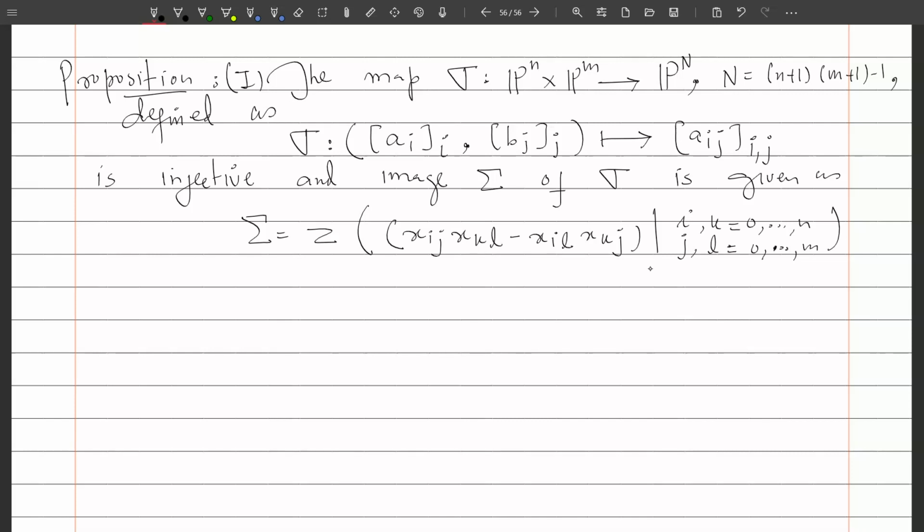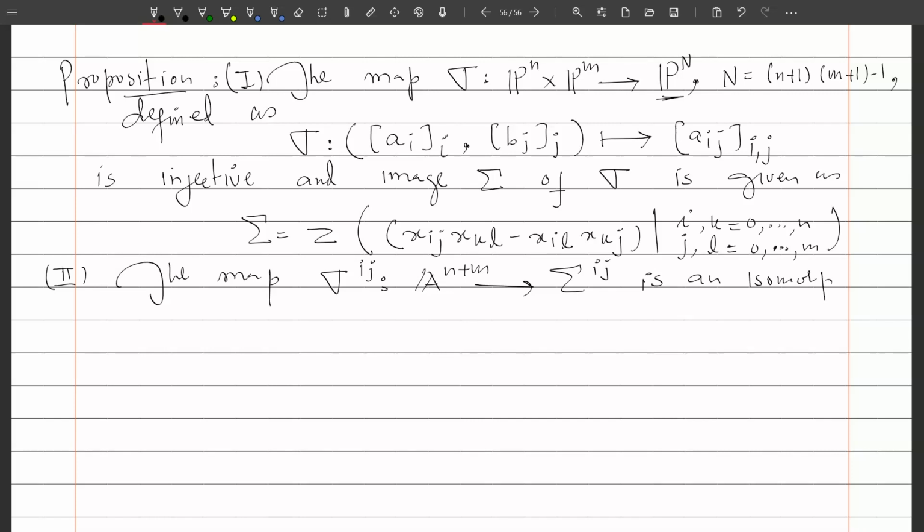And the second item of the proposition is the map sigma_ij, which is a map from the affine (n+m) space to its image, which is Sigma_ij. One can note the Sigma_ij lies inside U_ij, and U_ij itself lies in P to the power capital N. So this is an isomorphism.